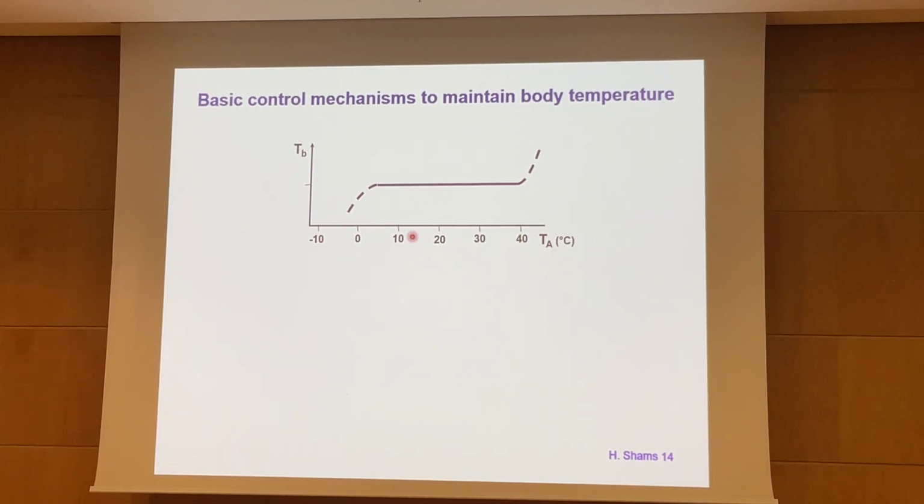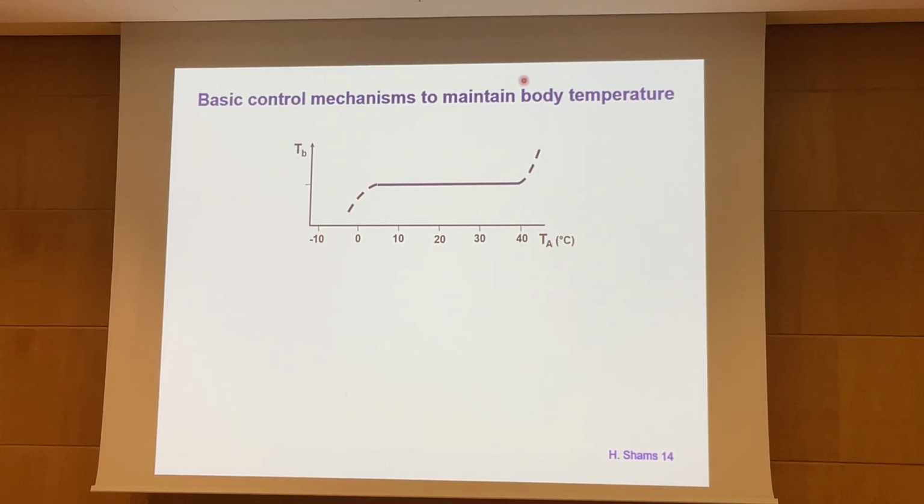If the environment becomes colder than 5 degrees, then you see that slowly our body temperature drops. And this reduction in body temperature, we call hypothermia. And if the ambient temperature goes above 40, then our body temperature slowly increases.